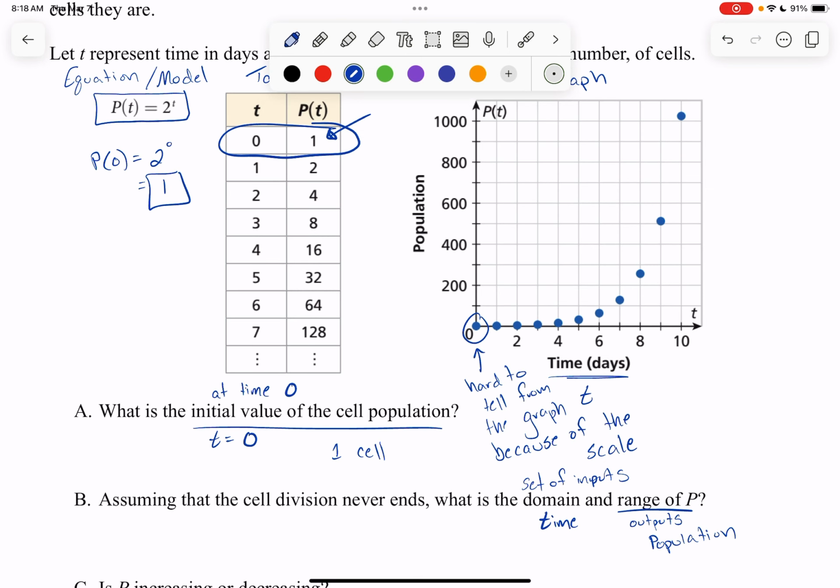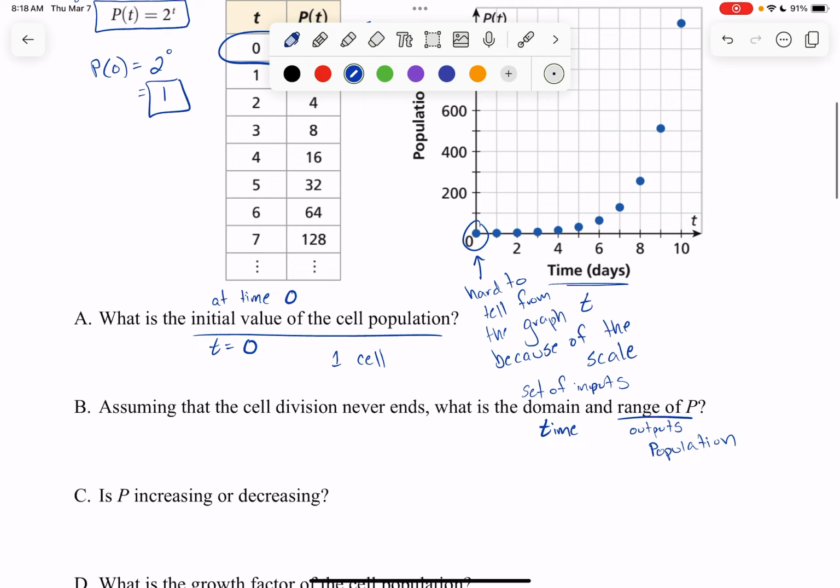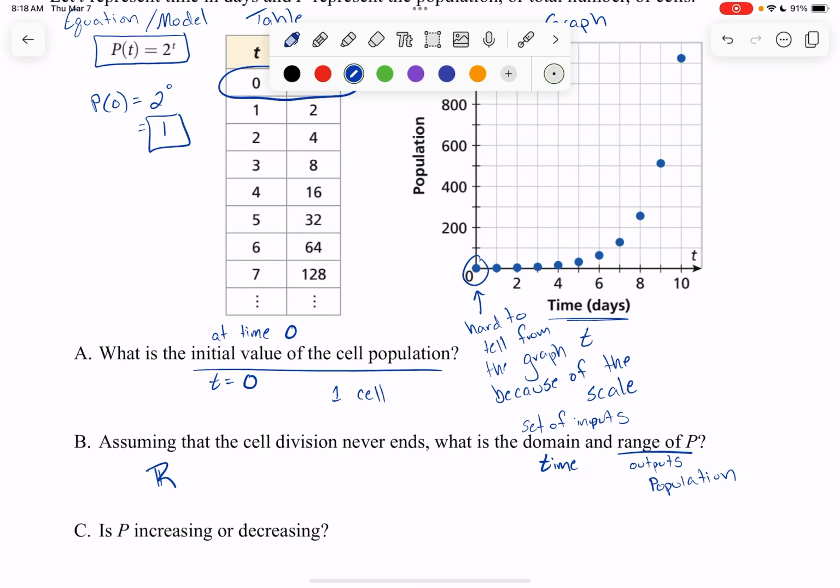If I look at my equation, I want to ask, what values can I put in for T? Well, I can put anything in for T. So if I'm just looking at the equation, we would say the domain would be all real numbers.